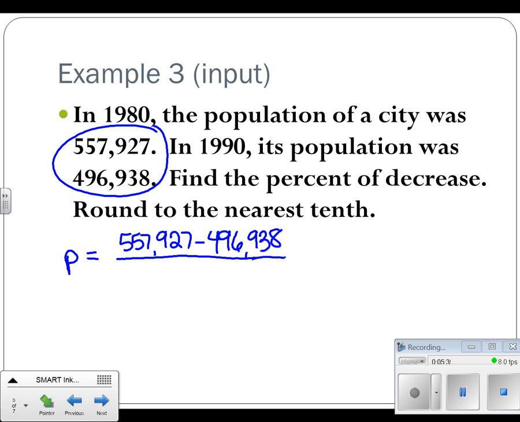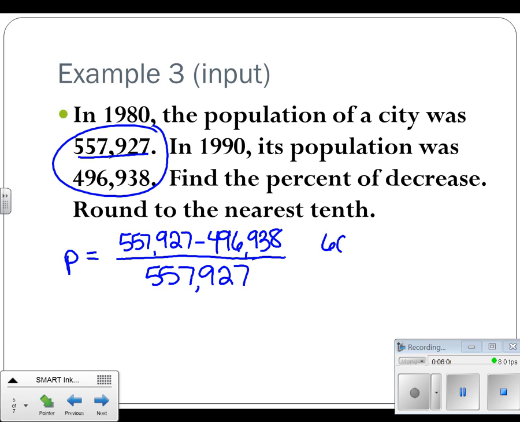Now here, unlike the other two problems we just did, the original is actually the greater of the two because remember, it's a decrease. So in 1980, the original, it was 557,927 people. So find the difference, or that change on the top.